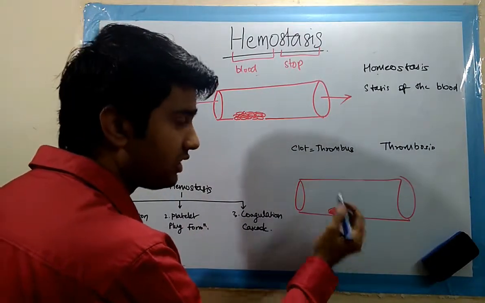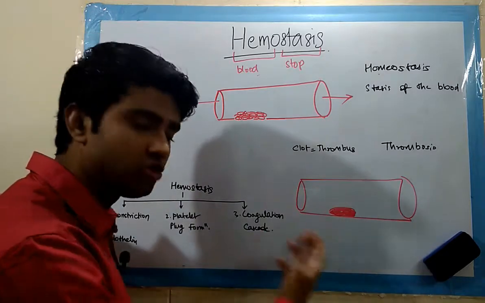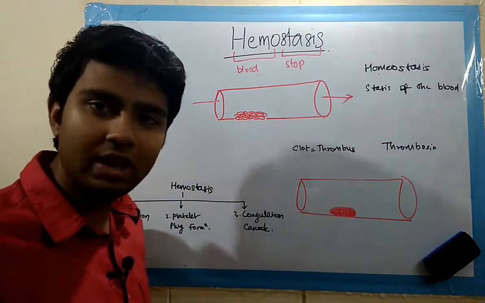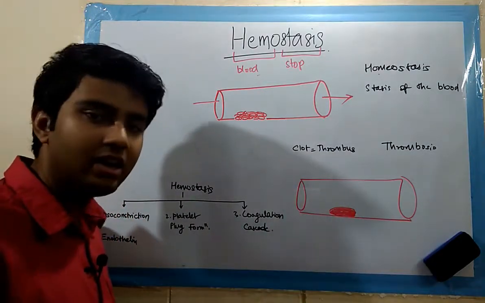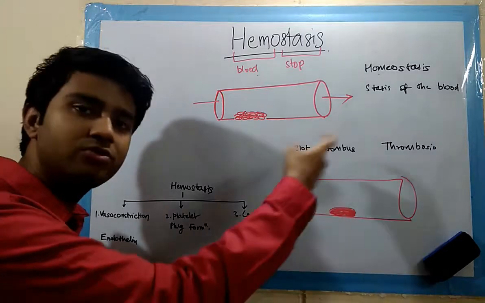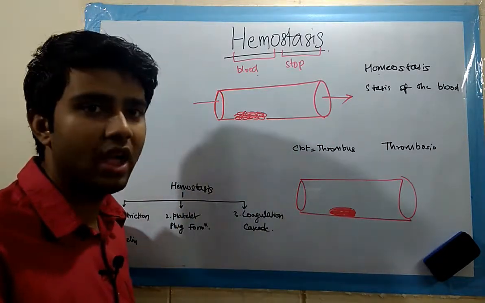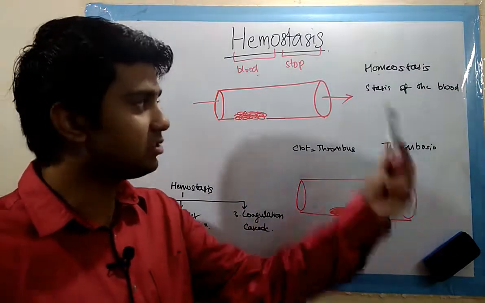The formation of a clot in that condition is called thrombosis, and it's a pathological condition because in this case, the clot is not serving any useful function. Rather, it is obstructing the lumen, and if it gets detached, it can move somewhere else in the cardiovascular system and cause blockage there and different complications. So this was the overview of hemostasis and some confusing words.